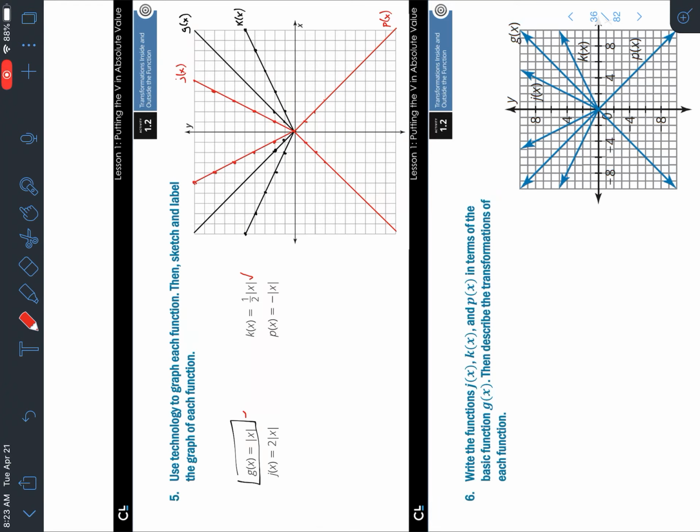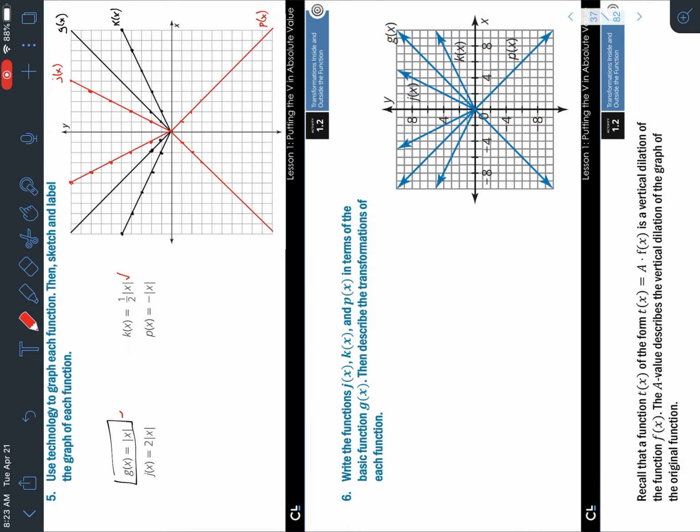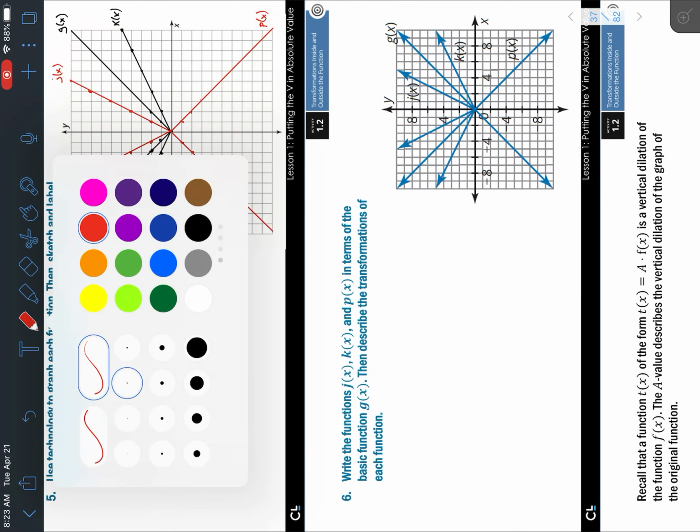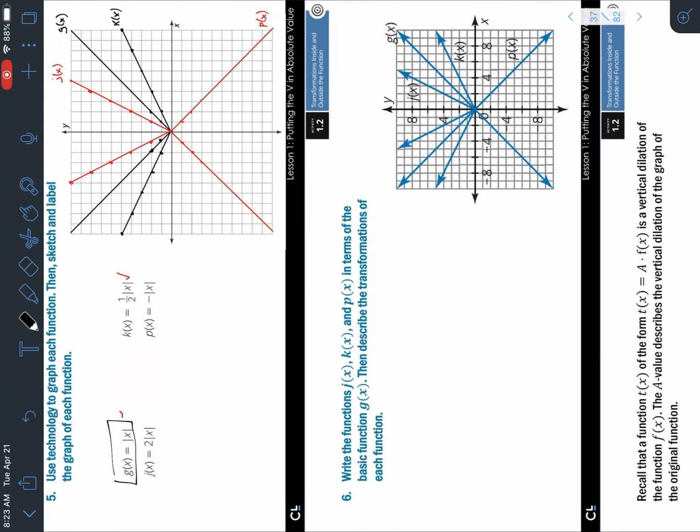Number 6 asks us to write functions j of x, k of x, and p of x in terms of the basic function g of x. Then describe the transformation of each. So let's write them here: j of x, k of x, p of x.